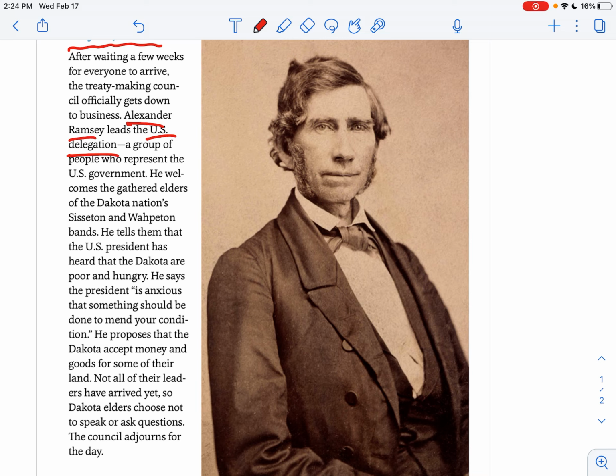He tells them that the United States president has heard that the Dakota are poor and hungry. He says the president is anxious that something should be done to mend your condition. He proposes that the Dakota accept money and goods for some of their land. This is Ramsey talking now.